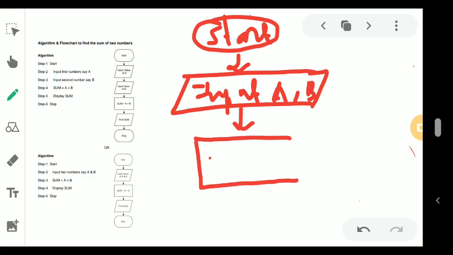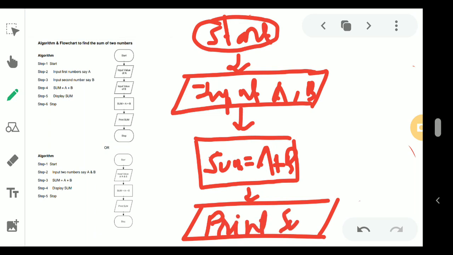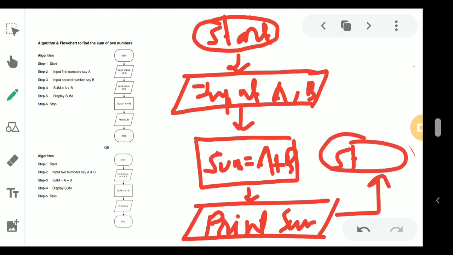Then there will be a rectangle box where we'll write sum equals to A plus B. And again we have to draw the parallelogram. Print sum, and from here you can draw stop.